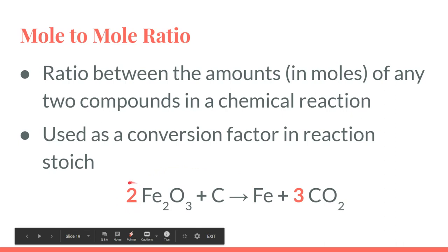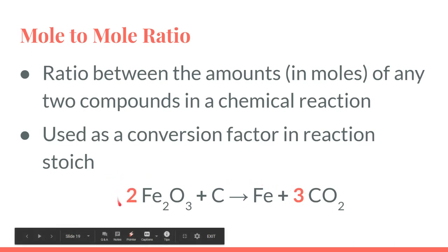Likewise, for every 2 moles of iron oxide I put in, I'm also going to get 3 moles of carbon dioxide out. Likewise, for every 1 mole of carbon I put in, I'm going to get 1 mole of iron out. For every 1 mole of carbon I put in, I will also get 3 moles of carbon dioxide out.